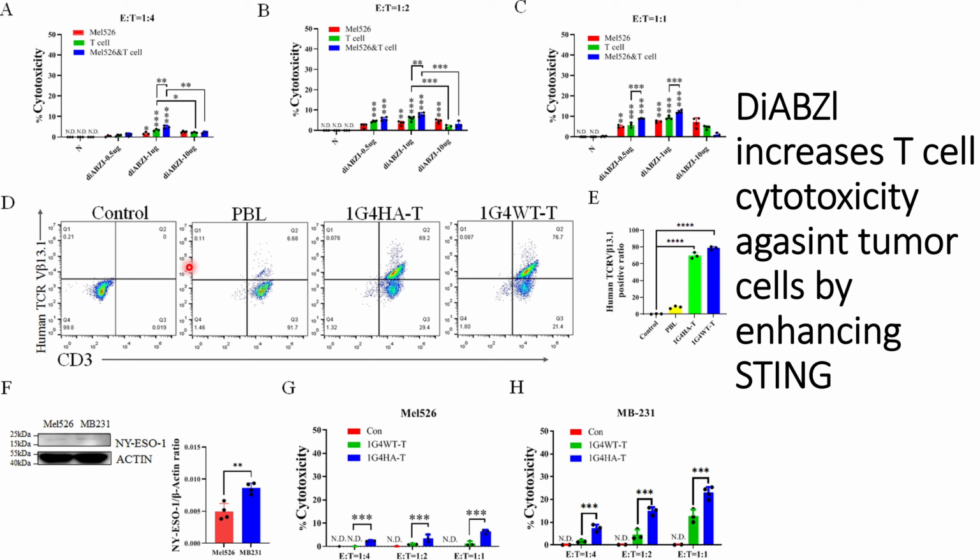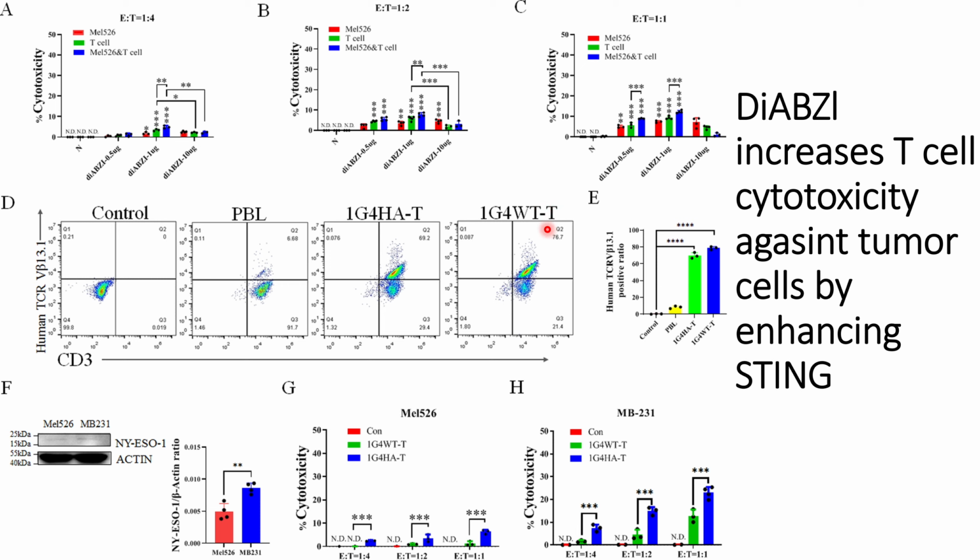They have used these two, that is IG4 high affinity T cell receptors and IG4 wild type T cell receptors. These high affinity T cell receptors have more cytotoxicity, and they are also used in some of the clinical trials. And this is the wild type IG4 receptors that is integrated into the T cells.